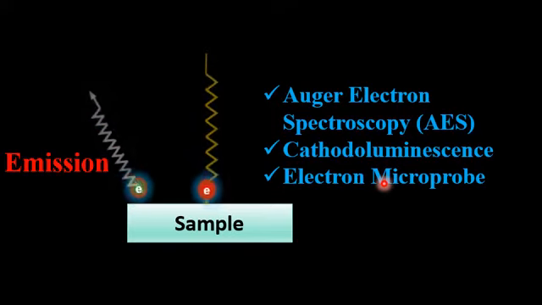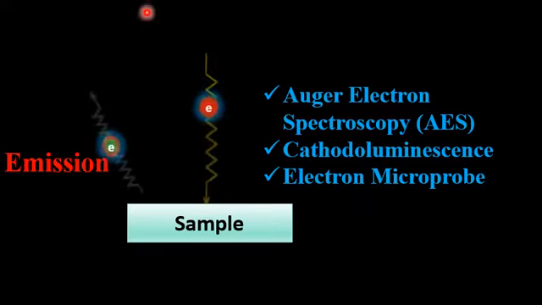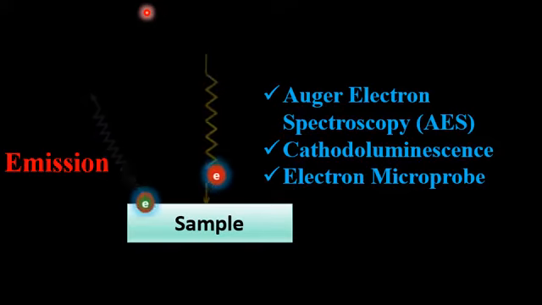Now we can easily explain how Auger electrons are produced from the sample surface, and how Auger electrons may be used to analyze the elemental and chemical composition of the material. So the interaction of the electron beam with a matter surface gives us a diversity of possible techniques.